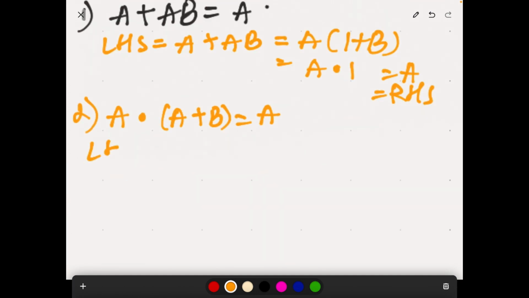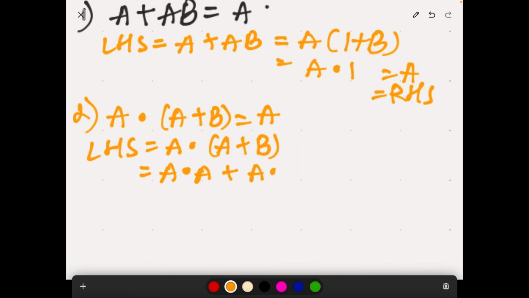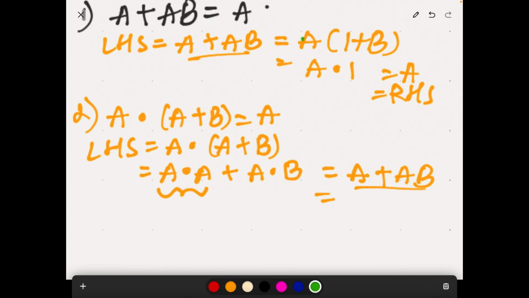Let's go and prove this. LHS. What we are going to do is open the brackets. Now that you do that, A and A, the answer depends on A, and this will remain as it is. Now you see how this and this is similar, so we will repeat the same two steps here.